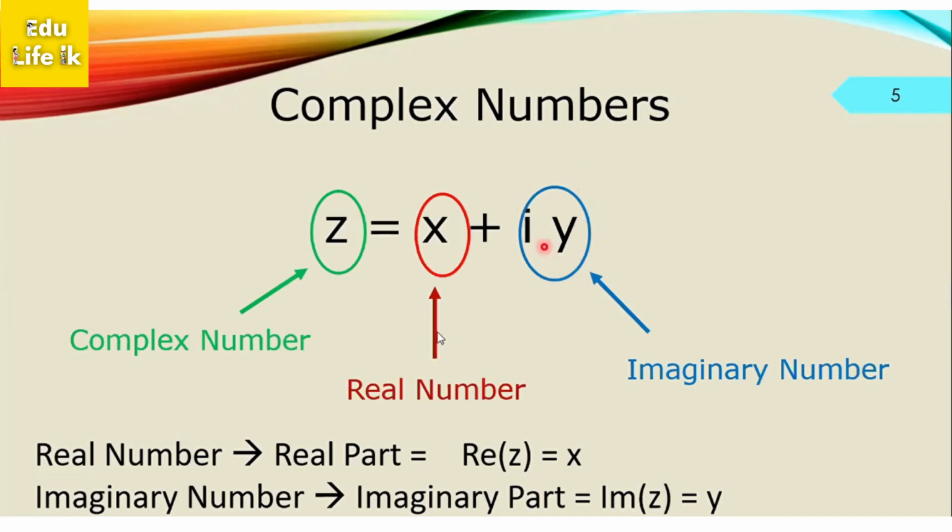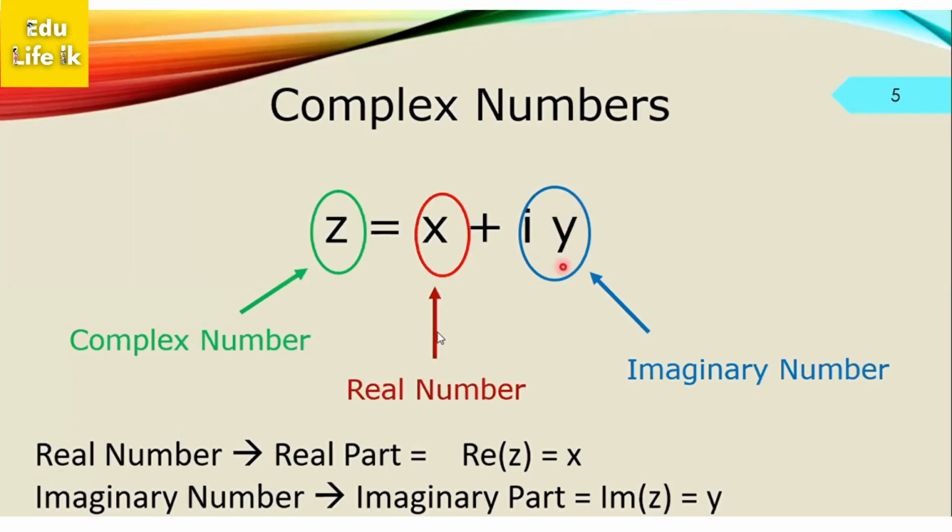The imaginary section is here. Any number multiplied by I is called an imaginary number. Remember that. I times Y is an imaginary number because we have multiplied Y by the sign I. Y is a normal number.